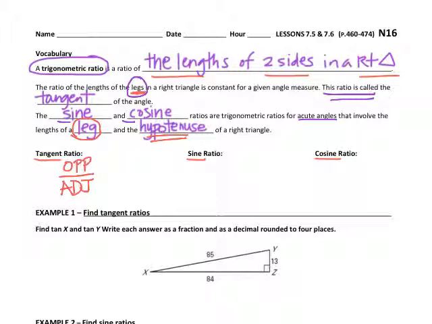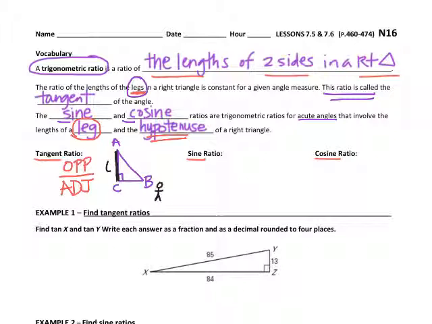Okay, so when we're dealing with a right triangle, like let's just say this one, and we have A, B, and C. C is going to be our right angle here. If I want to know the tangent ratio, let's just suppose that I want to know the tangent of B. Well, if I'm standing at B, which side from me is opposite? That would be AC, right? AC would have a length.